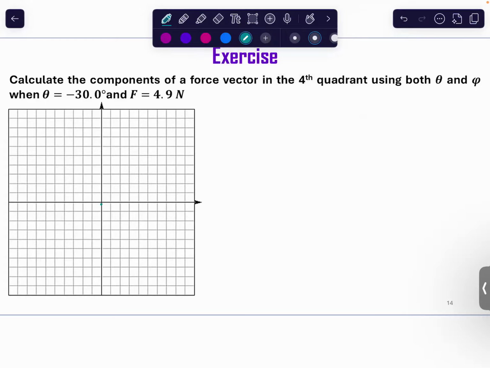So first off, your vector is going to be there. We're going to call that our generalized force vector. It's going to have components.